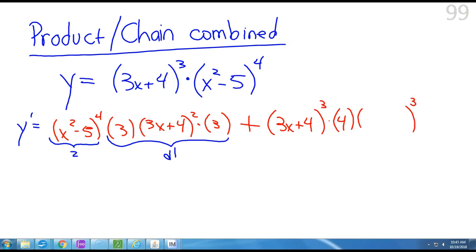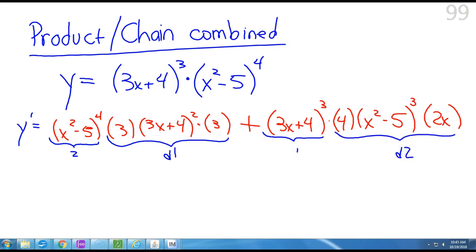So that's me taking the derivative of the big guy. You leave the little guy alone. Then you multiply by the derivative of the inside. So this is your 1 and your D2.